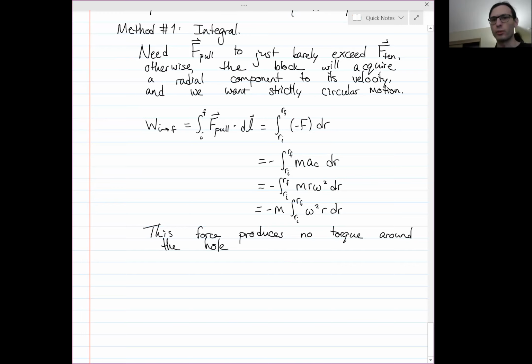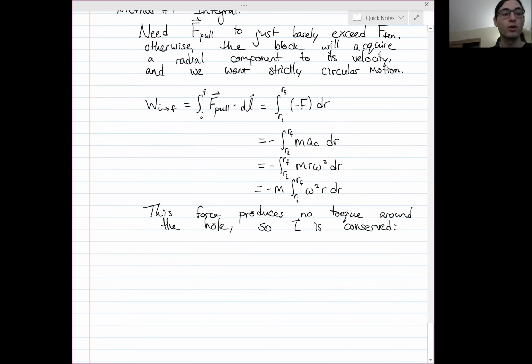As we've made clear, it's a radial force, so it's not going to produce any torque. So again, just as before, L, the angular momentum, is conserved. And we can use that to figure out what omega is. The fact that the angular momentum is conserved means I omega is a constant, right? It doesn't change with time.